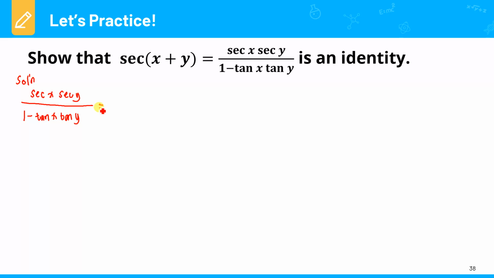Now take note that our numerator is secant, so we can convert this as 1 over cosine x, and the other one would be 1 over cosine y.